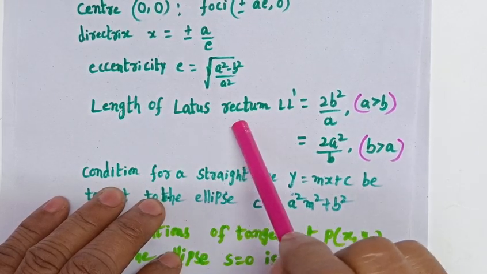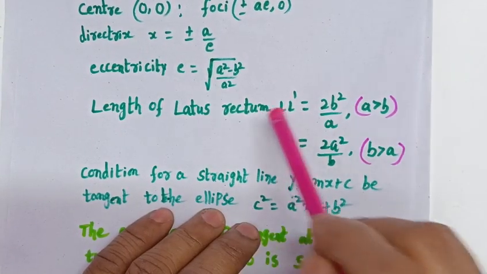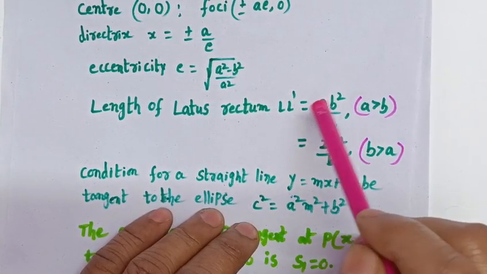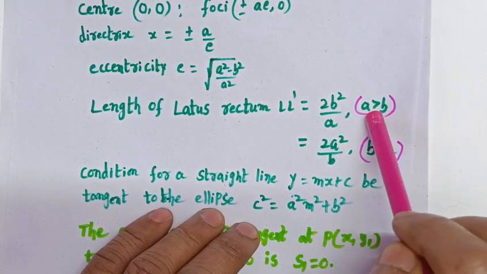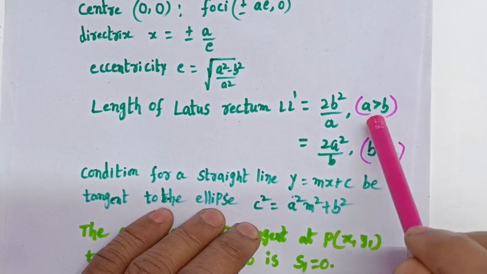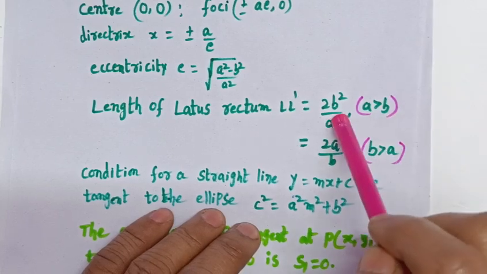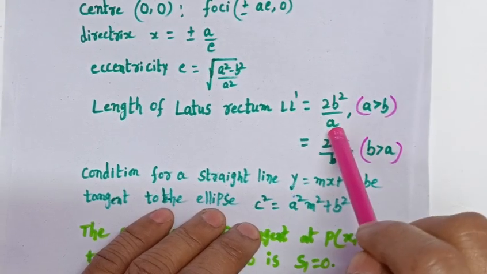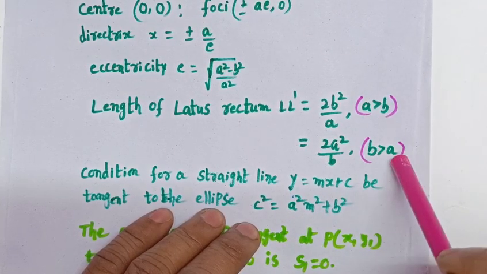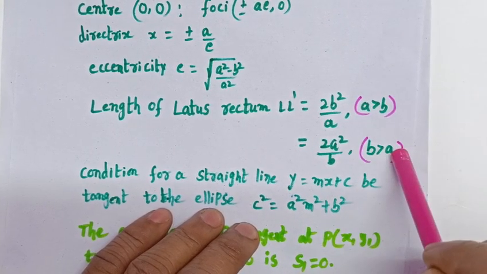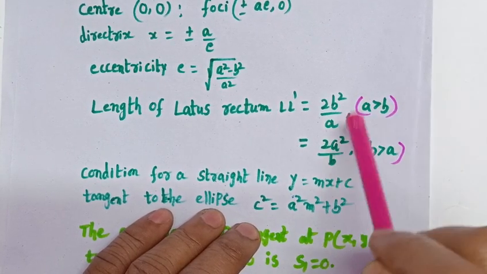Length of the latus rectum, L dash, is 2b square by a. When a is greater than b, the denominator is the bigger value, so a. In the same way, when b is greater than a, the denominator is b, and the numerator is the smaller value.